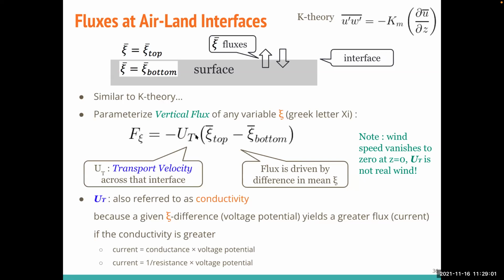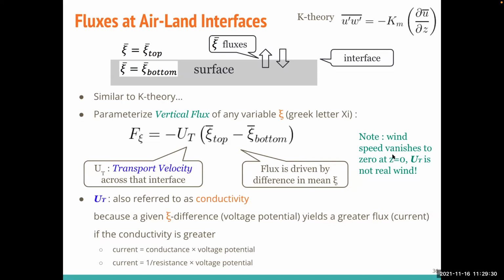So this thing is controlling how much the flux, how much your properties is being transported through this surface, through this interface. So we have what we call the transport velocity across the interface, and the flux here is driven by the gradient in here.